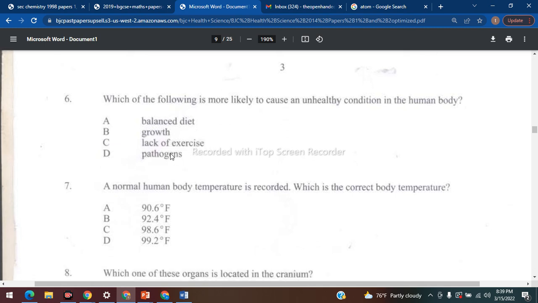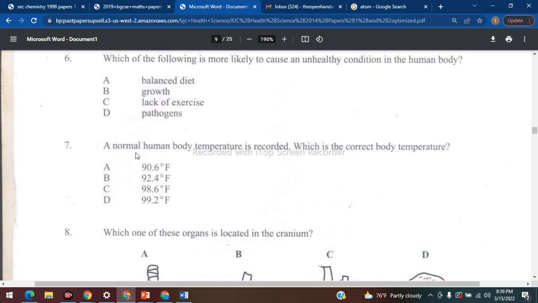So they are going to be the things which cause you to get sick, like bacteria and foreign invaders. People get sick more from foreign invaders than from lack of exercise. Although lack of exercise also does it, pathogens does it quicker, and it's more prevalent.